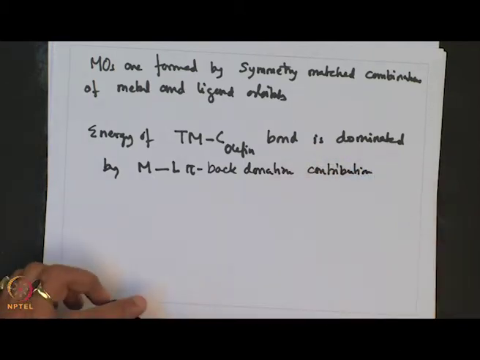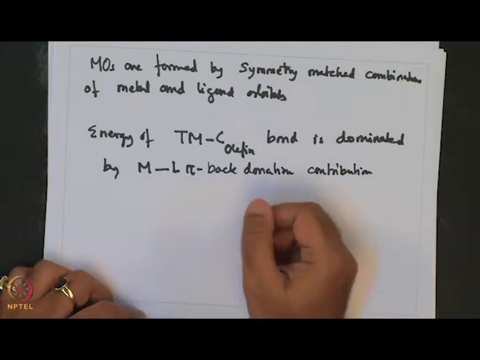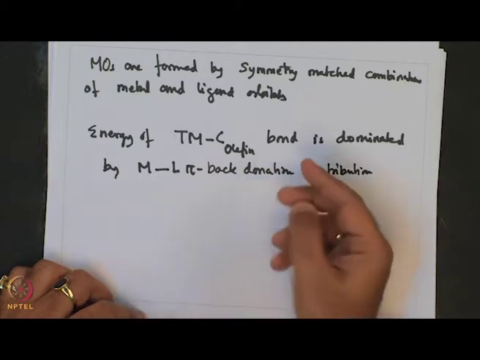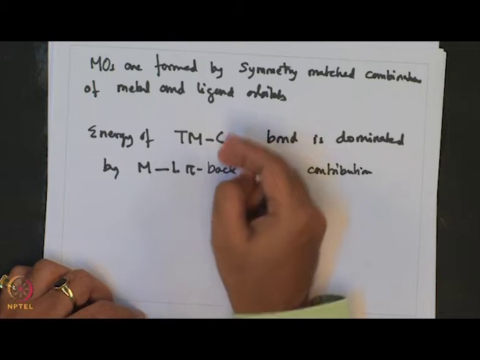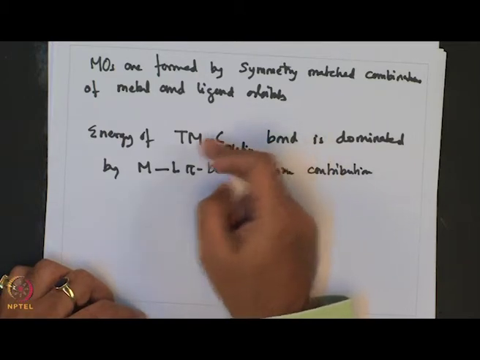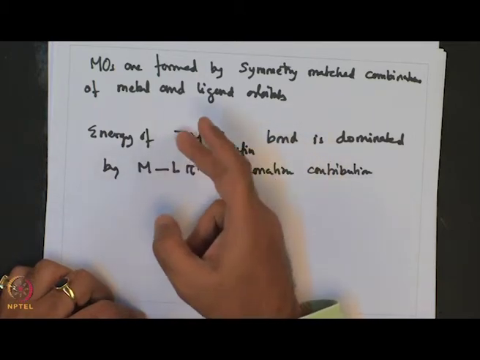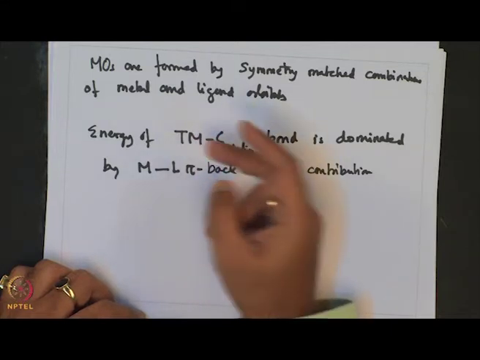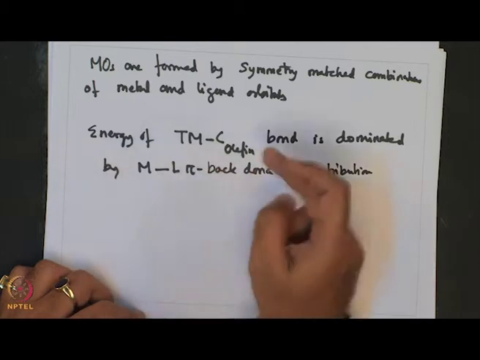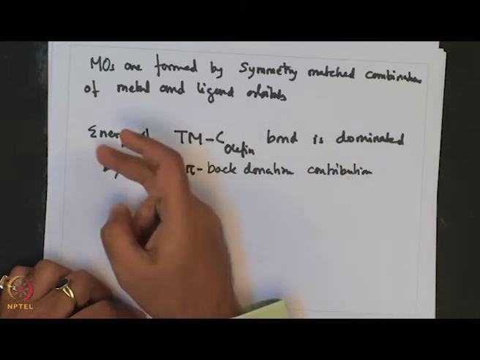Now, this is an important statement, given the fact that this metal to ligand pi back donation results in multiple bonding character of the transition metal olefinic bond, because now over and above the sigma bond that is formed, the back donation gives the pi bond in addition to the sigma bond, and as a result the energy of the transition metal olefin bond increases.